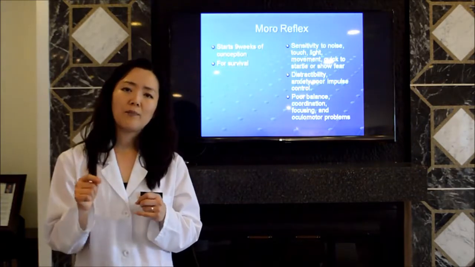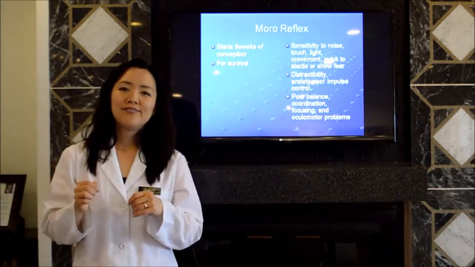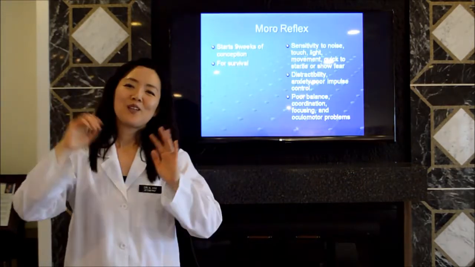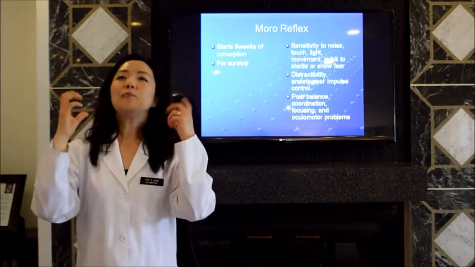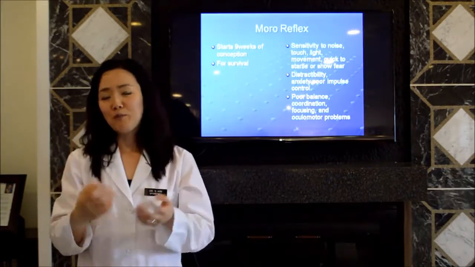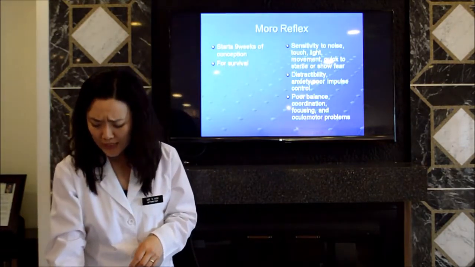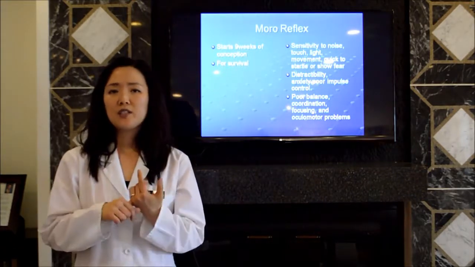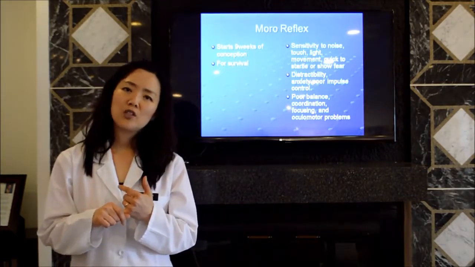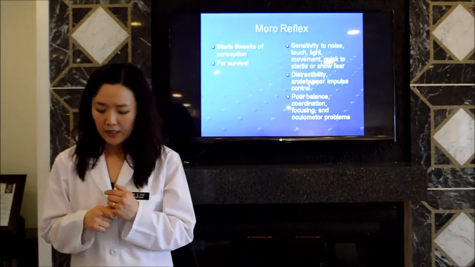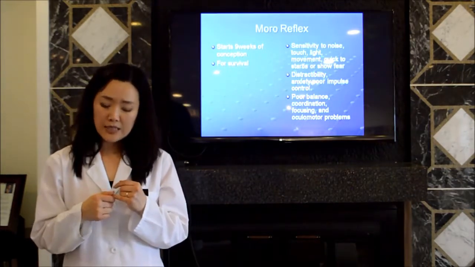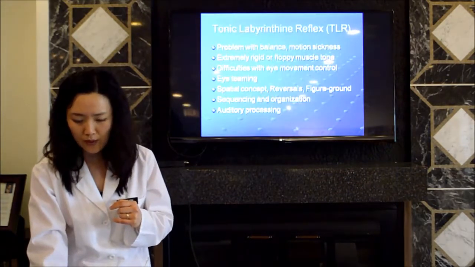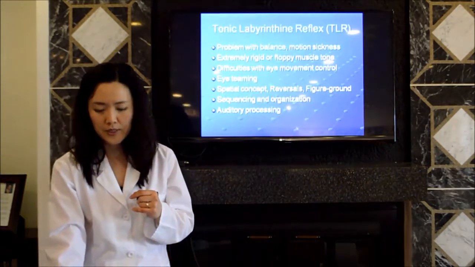When you startle a baby, they kick off whatever fell on their face, take a deep breath, and scream for mom's help. When this is not integrated correctly, they'll be very sensitive to sound, touch, or even light, and they become anxious easily, and it's very difficult for them to balance or coordinate their body parts.